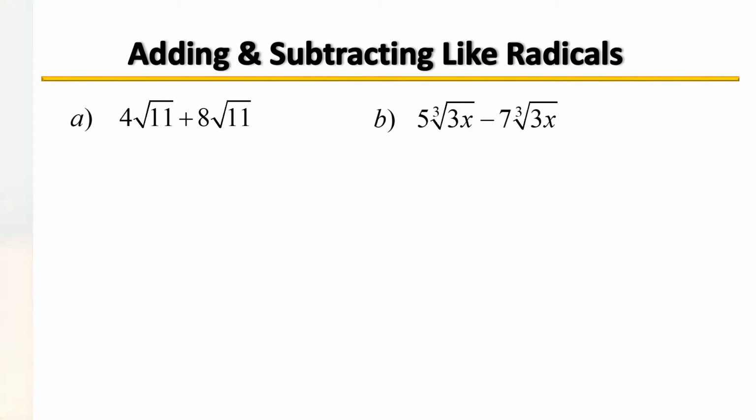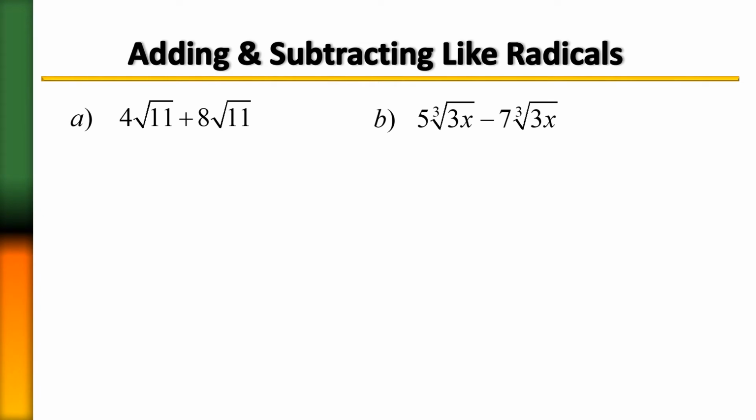Let's do some examples on adding and subtracting like radicals. In the first example, A, notice that they have the same index, meaning both are square roots, and they also have the same radicand of 11. So these are like radicals.